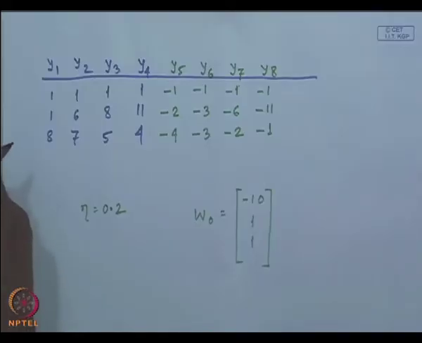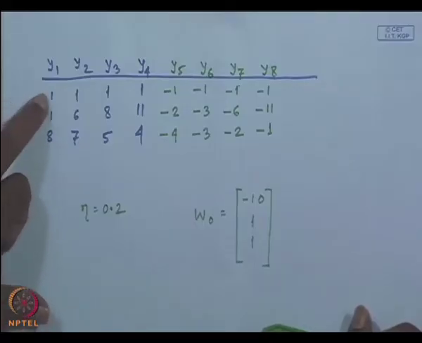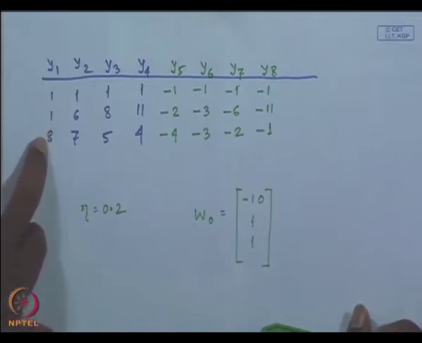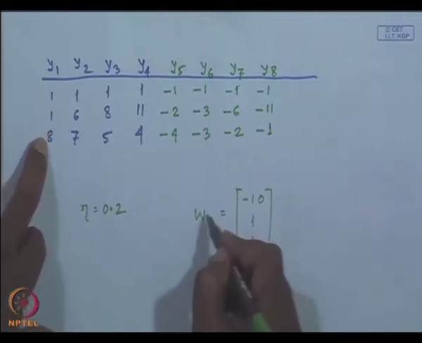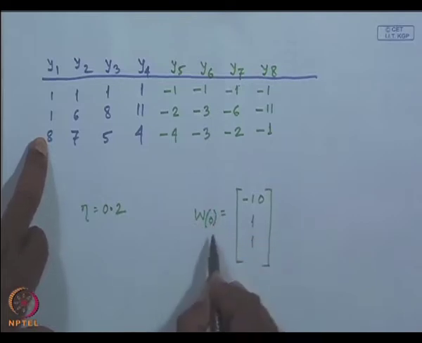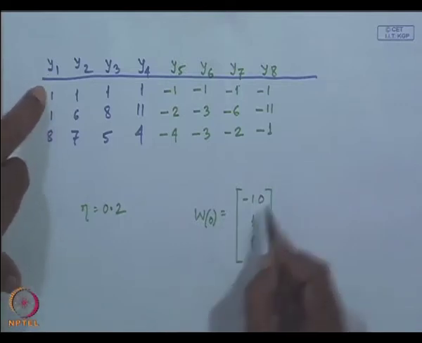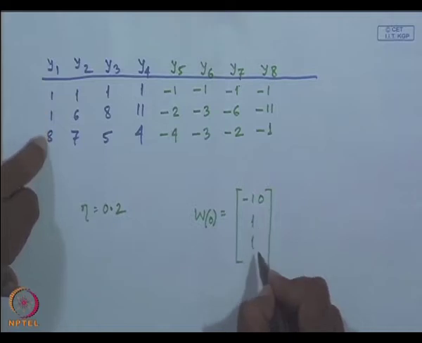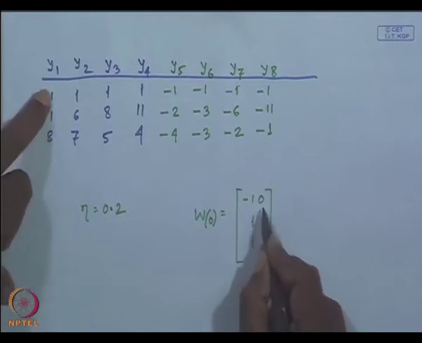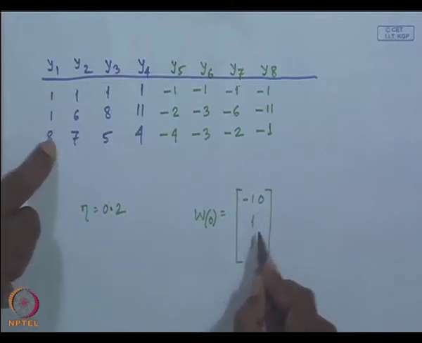So, let us see what values of w transpose y I get for different samples y. If I take y 1, the first component is 1, the second component is 2, the third component is 8. Clearly here it is w 0, at the 0th iteration, that is the initial value. So, w 0 transpose y 1 will be minus 10 plus 2 plus 8, which is nothing but minus 1, that is negative.